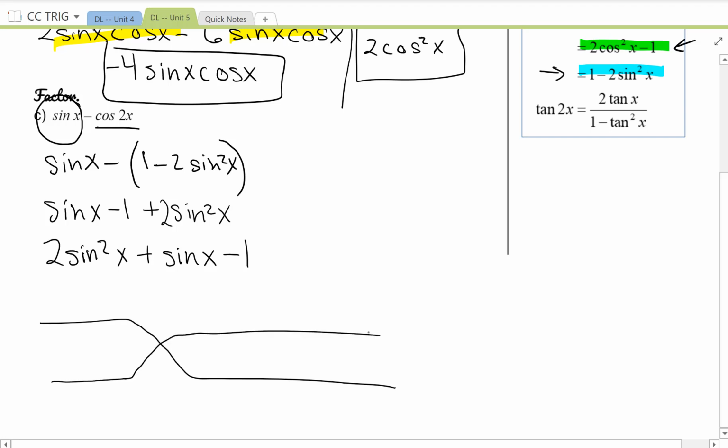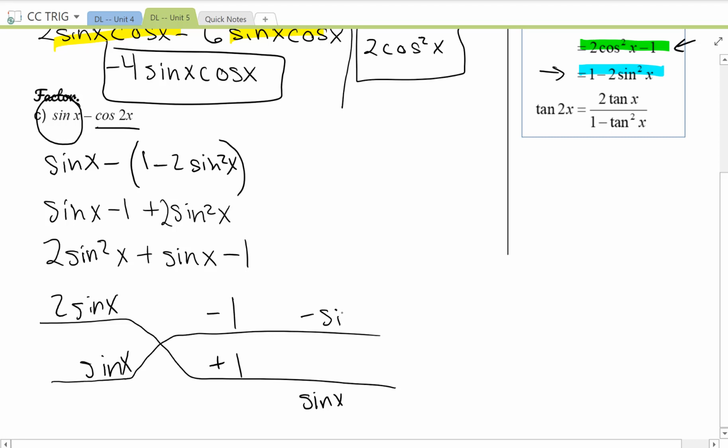I need two things that multiply to give me 2 sine squared x. 2 sine x times 1 sine x is really the only option I've got. And then I need a negative one, so one of these ones is negative, one of them is positive. And so I'm going to put negative and positive, and we're going to see if we get this middle term of sine x when we add the check terms.